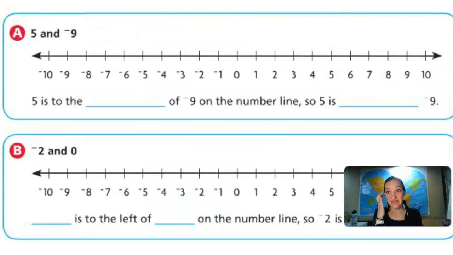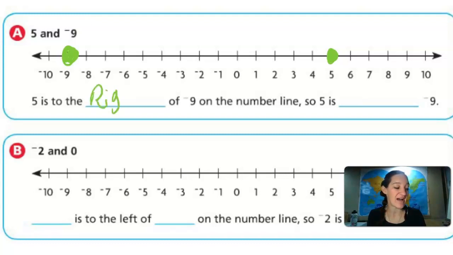Okay, so this is also in your notes. If we were to plot 5, which is right here, and -9, which is right here, and we think, oh, right, to the right is bigger, to the left is smaller, then we can say, well, 5 is to the right of -9 on the number line.